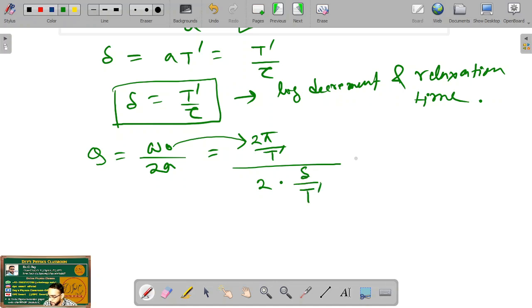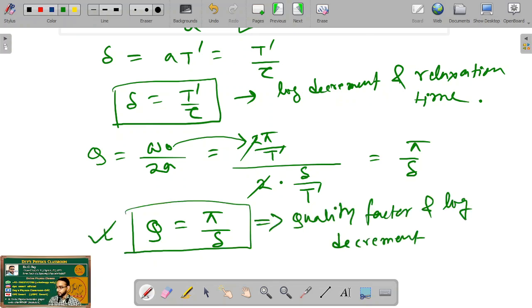So t prime cancels out, 2 cancels out, and it will be simply pi by delta. So the quality factor Q is pi divided by delta. This is the relation between quality factor and log decrement.